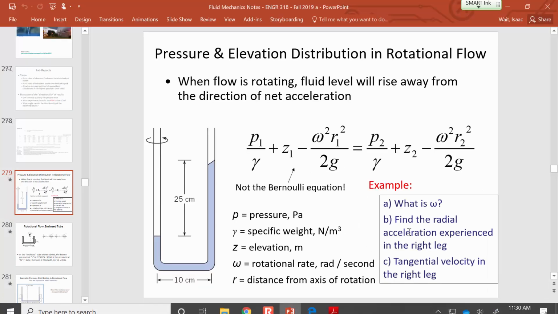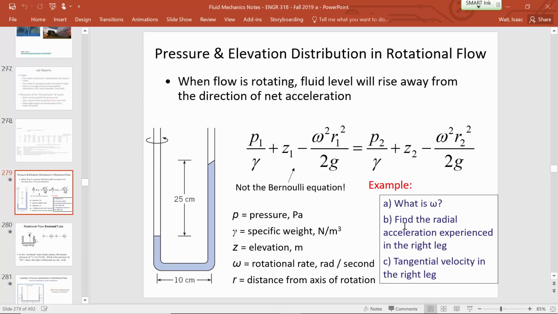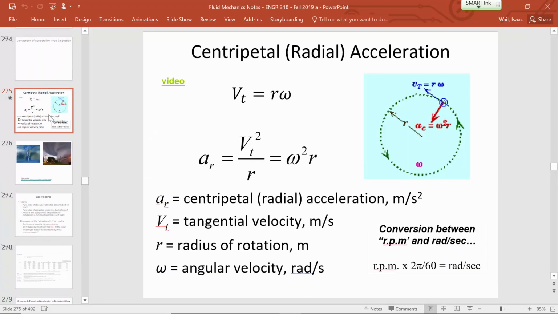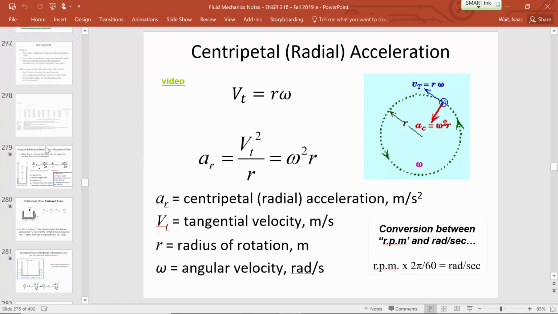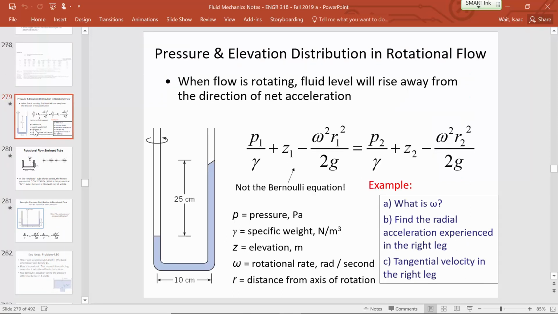This example also asks, what's the radial acceleration experienced in the right leg? So if we go back to the formula here, radial acceleration is going to be omega squared times r. So in the right leg, if omega is 22.15, we'll need to square that and multiply it by r. The distance from the axis of rotation over to the right leg is 0.1 meters.